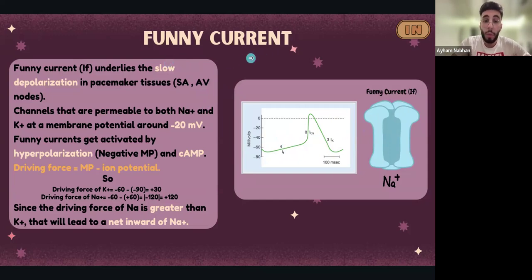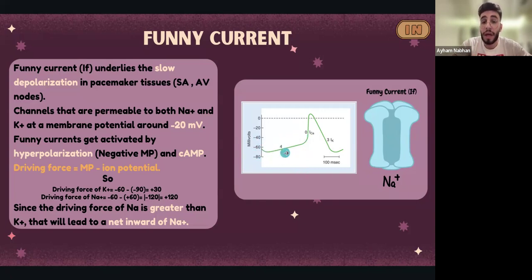Another question. These funny currents, when are they going to be activated? They are activated during hyperpolarization. What is hyperpolarization? It is when the membrane potential goes beyond the resting membrane potential. So here in the SA node, as I said, the resting membrane potential is going to be negative 40, as you can see.